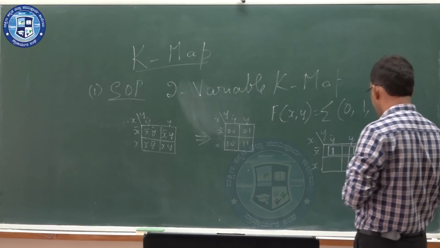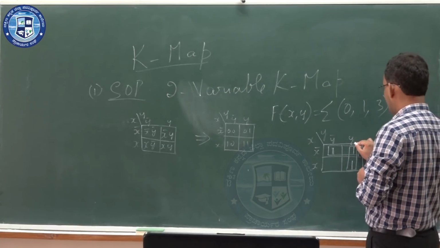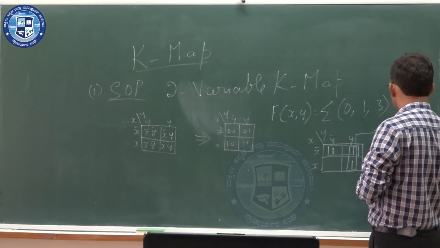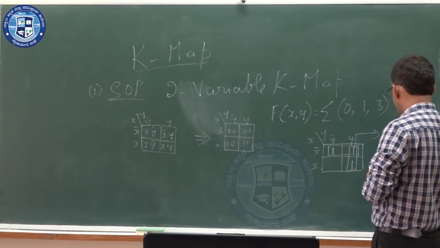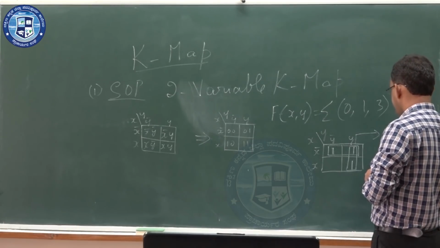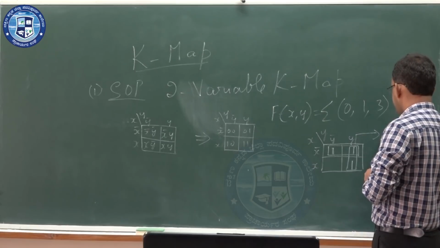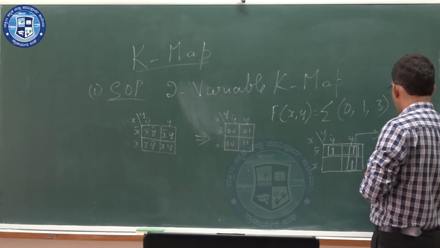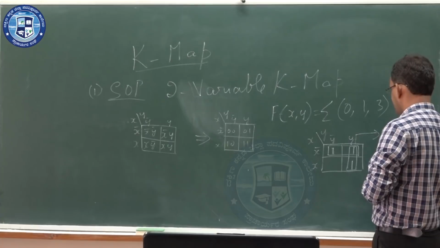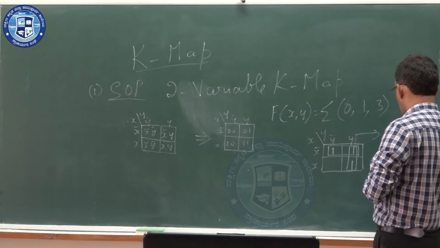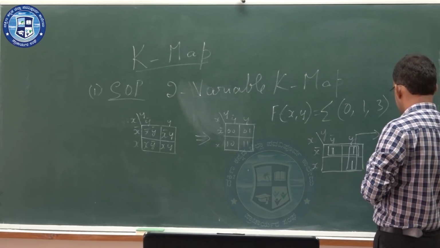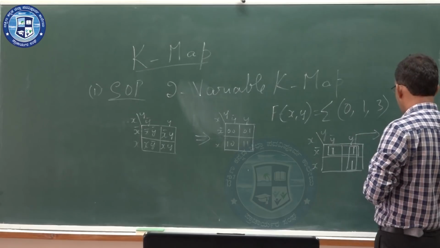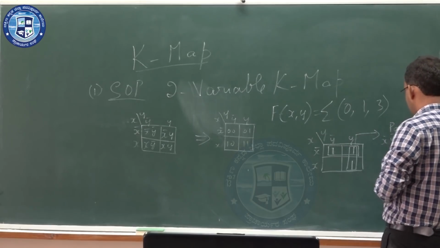I will write here pair 1, that is x bar y plus x bar y bar plus x bar y.